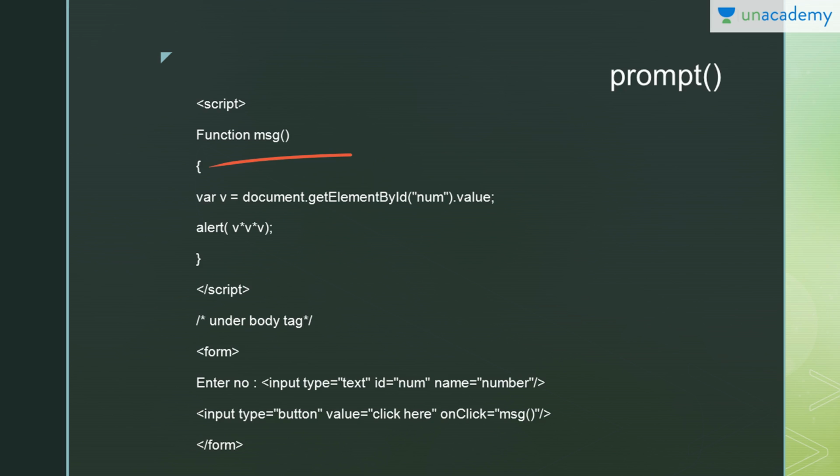Similarly, you can use getElementsByName. Here the name is number, so instead of using num, which is an id, you write getElementsByName, and the value will become number because the name is number. .value will remain the same because you want to get the value of that text field.